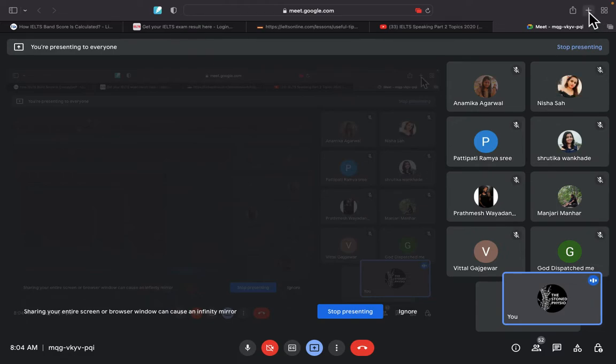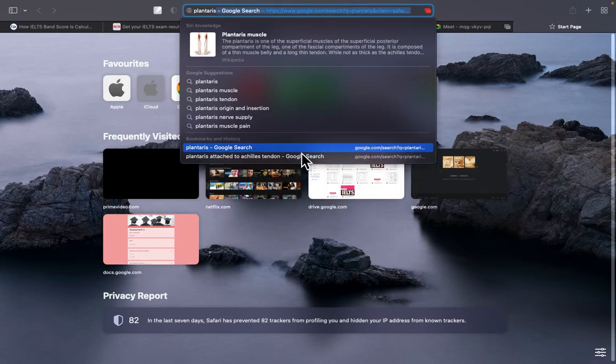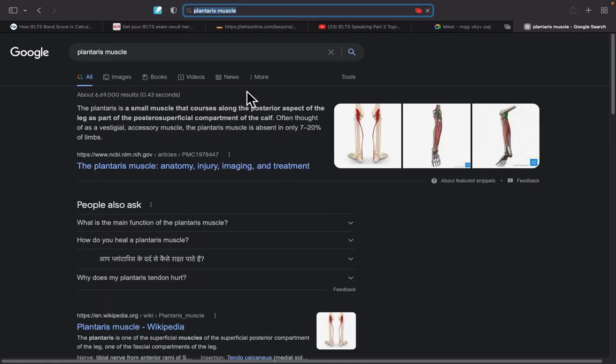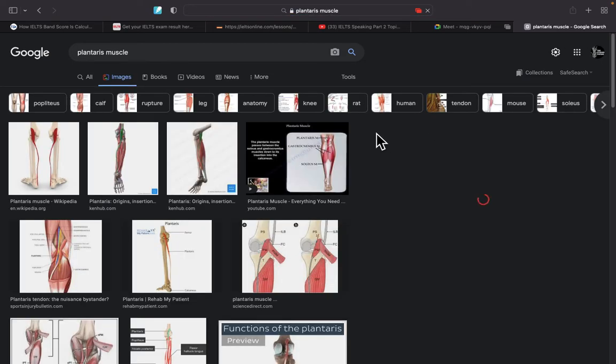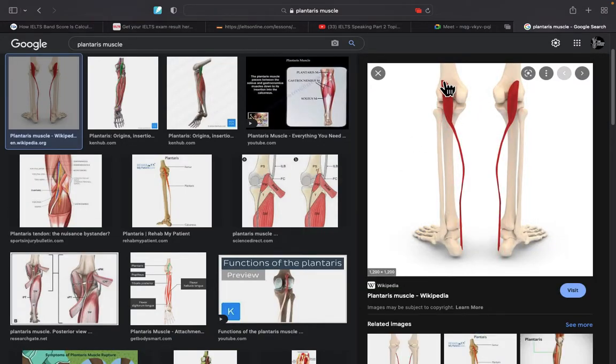If I show you the plantaris, this is the plantaris muscle. See, it is coming from the lateral condyle of the femur. We will talk about this muscle properly when we discuss muscles.